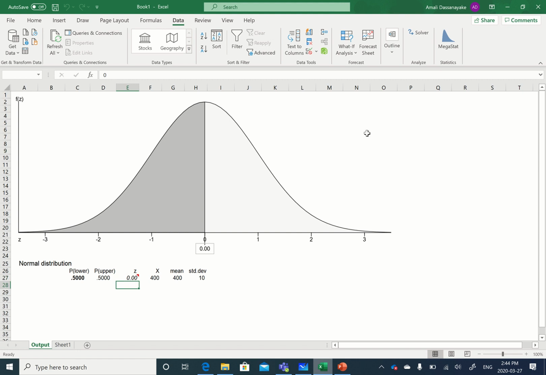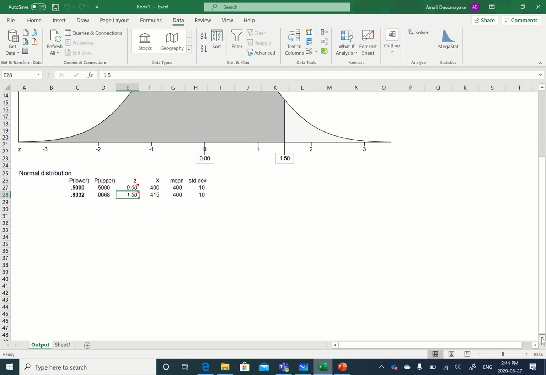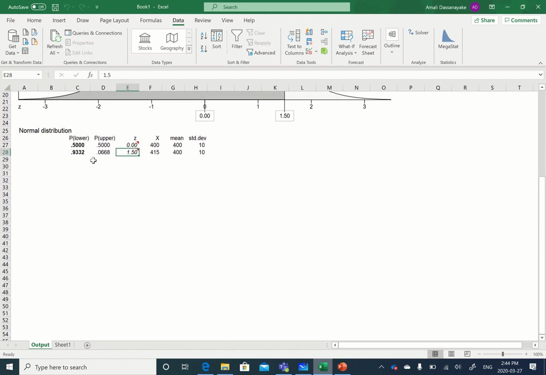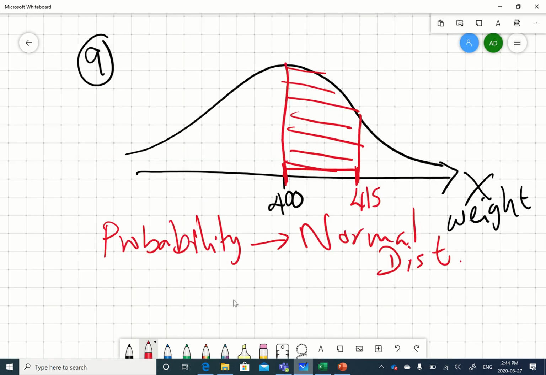Right, so now let's have a look at the outcome. Okay, so let me see if I can copy paste this over to whiteboard.